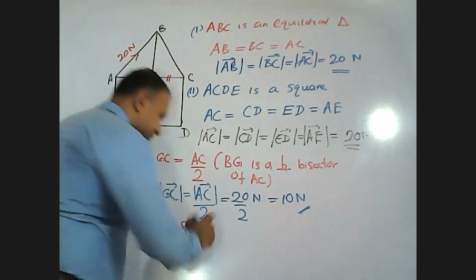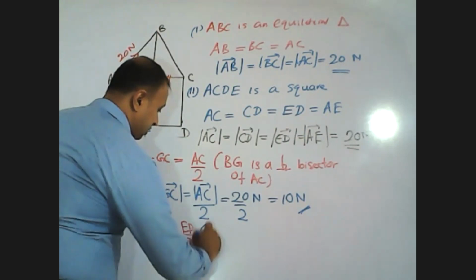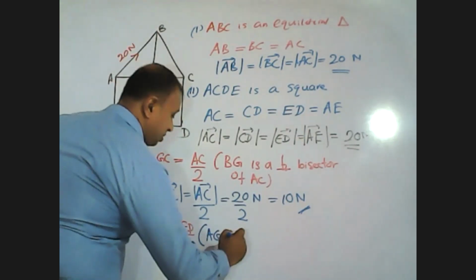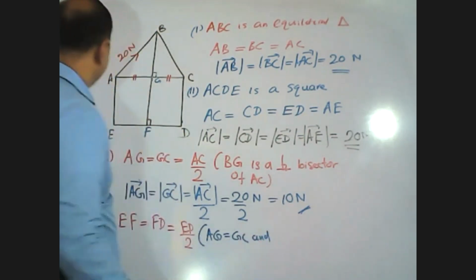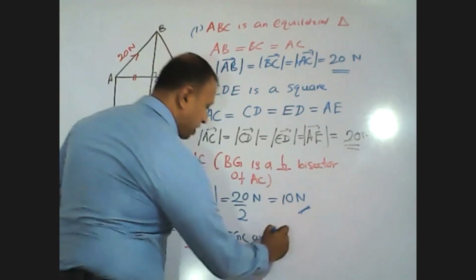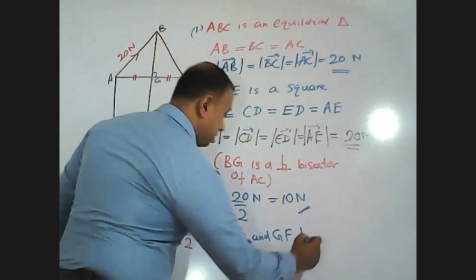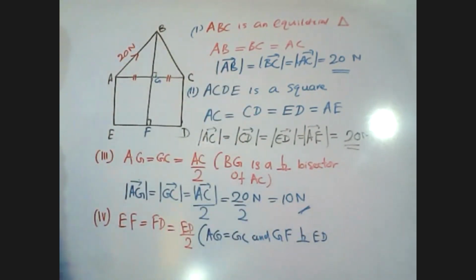I can write the reason. AG is equal to GC, and GF is perpendicular to ED.